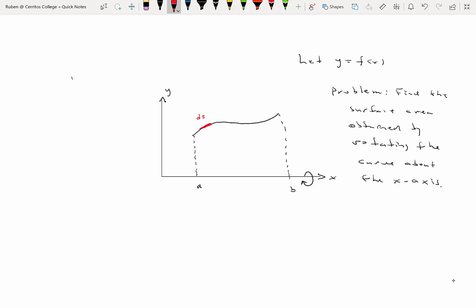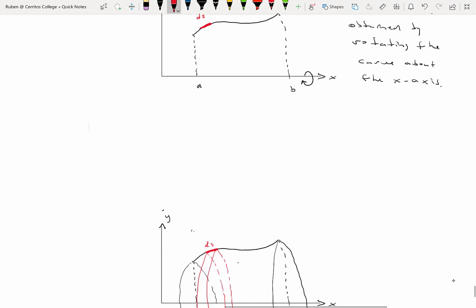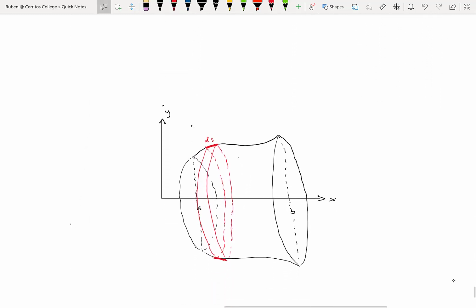And then we generate a formula for the surface area obtained by revolving just that little portion ds about the x-axis. Now imagine rotating the entire curve around the x-axis, and then separately the little ds about the x-axis. What we'll generate is something that looks like this.